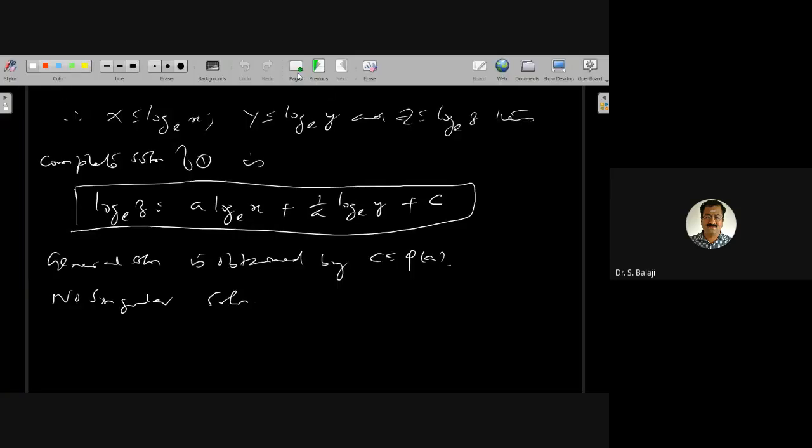Can you give the answer for this one here? Third one, the same procedure: x square by p, y square by q is equal to z. Can you proceed further like the previous problem? P power 1, Q power 1, that is very important.